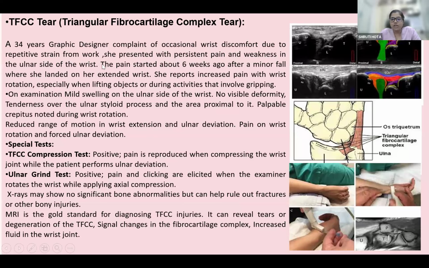Usually they complain of pain in this area, the ulnar side of the wrist joint. The pain started about 6 weeks ago with a minor fall where she landed on her extended wrist. She reports increased pain with wrist rotation, especially when lifting objects or during activities that involve gripping.